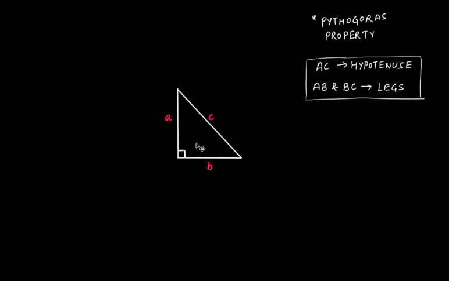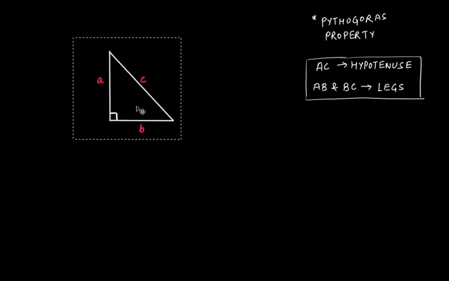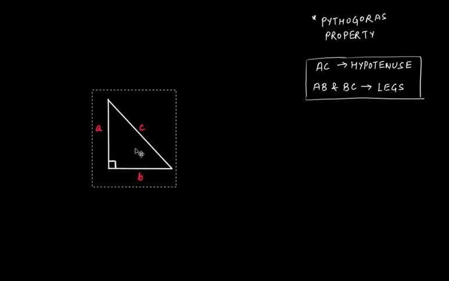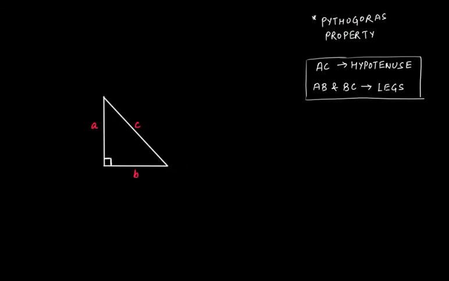I need some space. Okay, so if I draw here, let me do it with some different color. What I'm doing is I'm drawing a square on this hypotenuse.